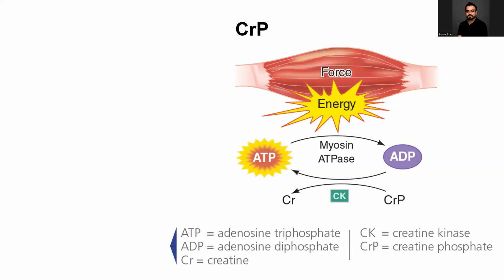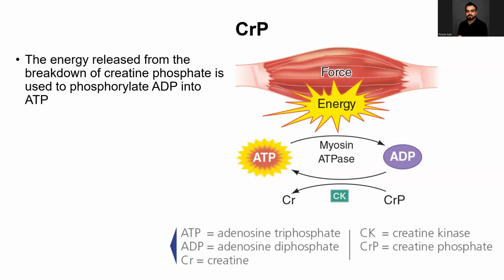This is a very simple reaction which happens. The energy released from the breakdown of creatine phosphate is used to phosphorylate ADP into ATP. This is what we have in our muscles, and this is what happens.